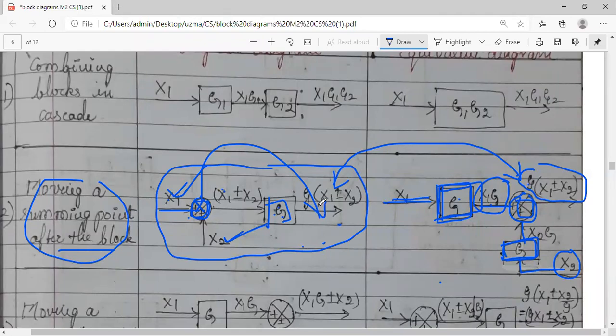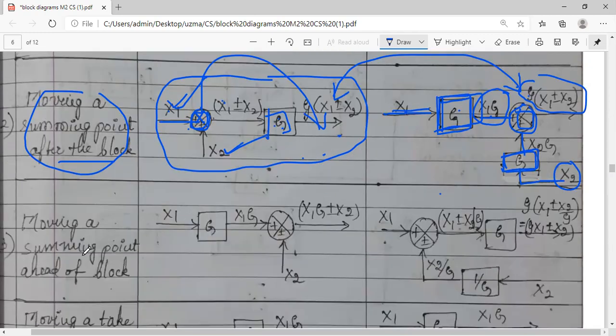So there may be 5 different solutions. You may get different answers because the way one student thinks to apply these rules may be different from the other student. So as and when feasible, you can use these rules in order to reduce the block. Whichever rule fits while solving the problem, you can use.